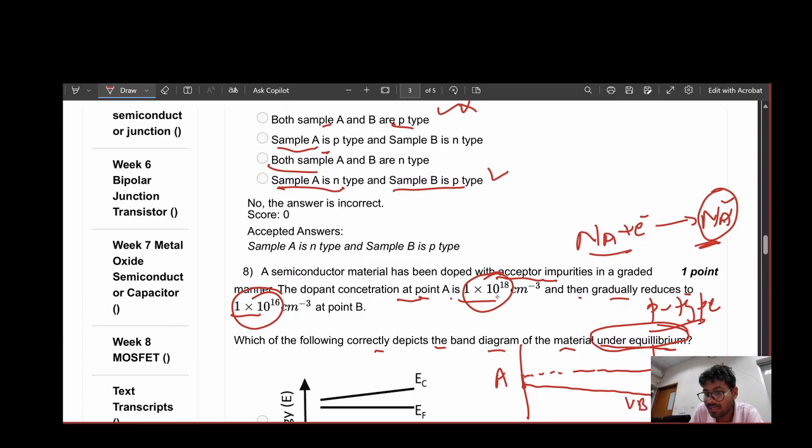At this point the gap between the Fermi level and the valency band will be less, and at this point the gap will be more. And the conduction band will equally follow like this one. So this will be the correct answer.